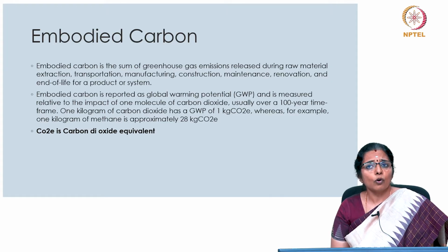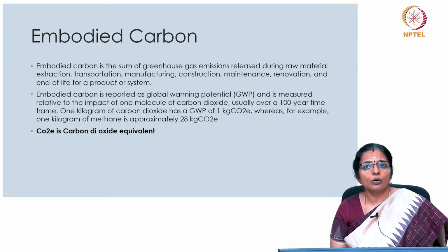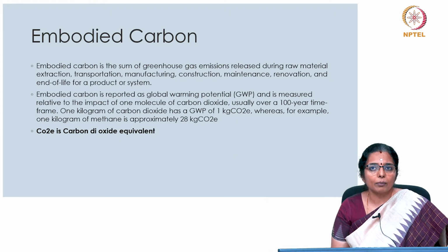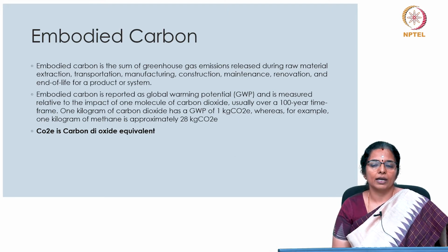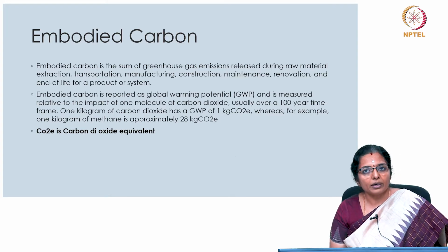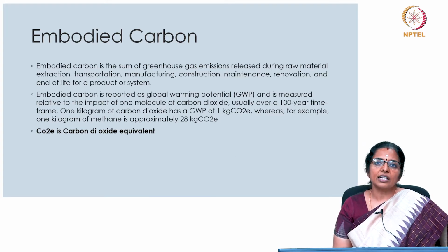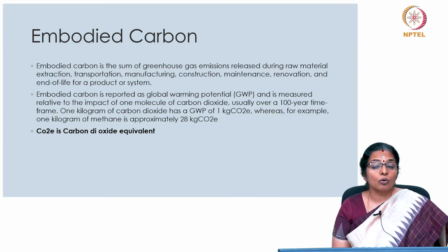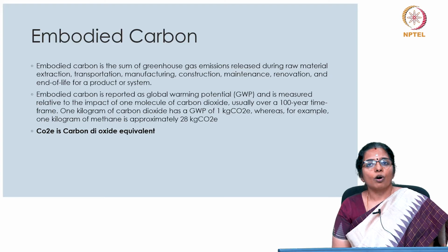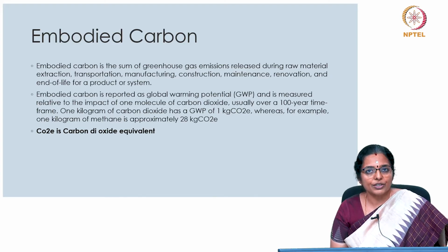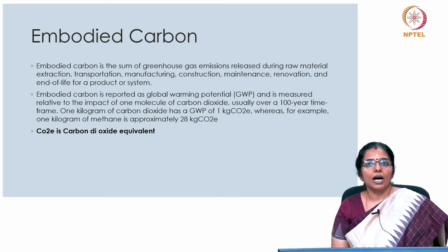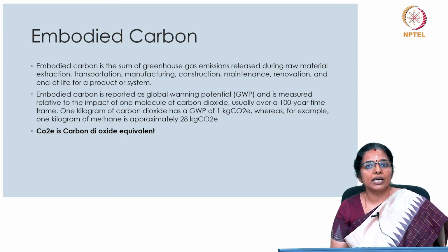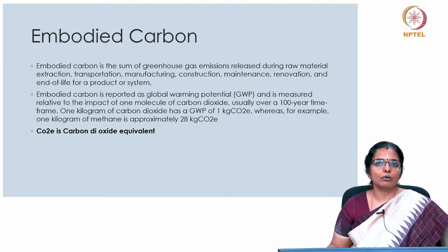Whereas, for example, 1 kilogram of methane is approximately 28 kg carbon equivalent. You would have remembered we have studied this in the preliminary classes of this course, where we saw the global warming potential of all 4 greenhouse gases along with carbon dioxide equivalent of the greenhouse gases.